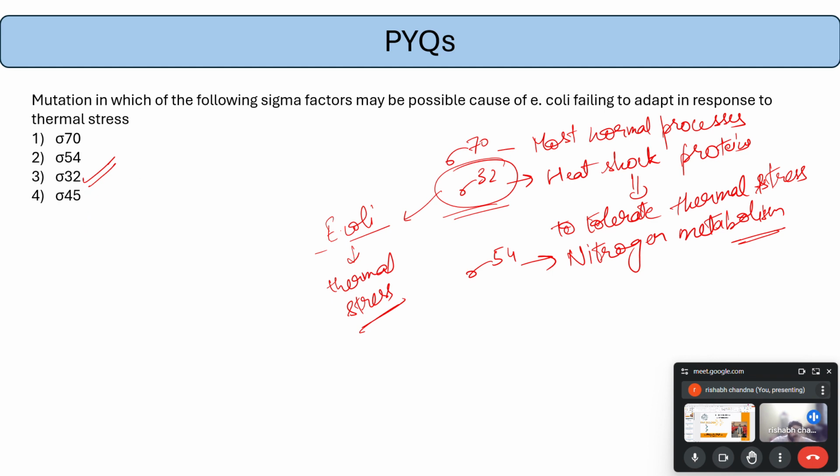So it's the vice versa kind of question that has been asked in this paper. Okay, so the answer is option 3. If the question would be that the bacteria cannot be used in nitrogen metabolism due to mutation in which of the sigma factors, then that would be sigma 54. Okay, so this was the correct answer.